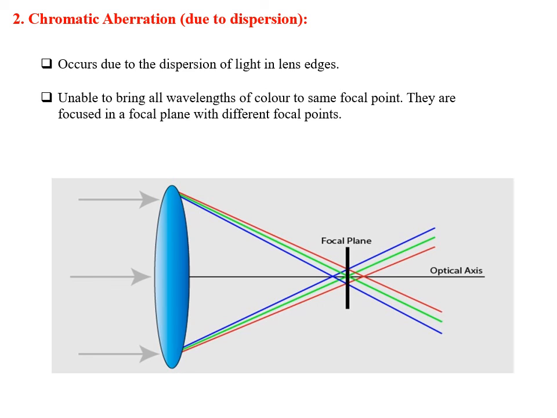As you know, white light consists of VIBGYOR colors, so the prism separates white light into different colors, and each color forms an image on the optical axis. This makes the lens unable to bring all wavelengths of color to the same focal point. Instead of having the image at one focal point, we have more than one focal point here, right?